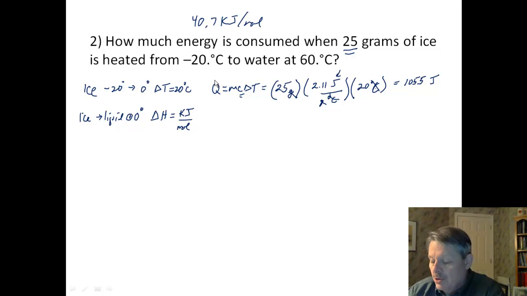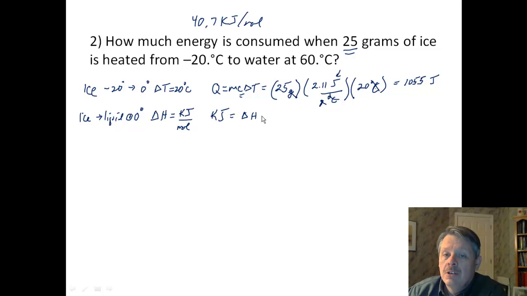If I want to now get kilojoules, my kilojoules are equal to my delta H times my moles. Well, how many moles do I have? I've got 25 grams. Well, that doesn't work.